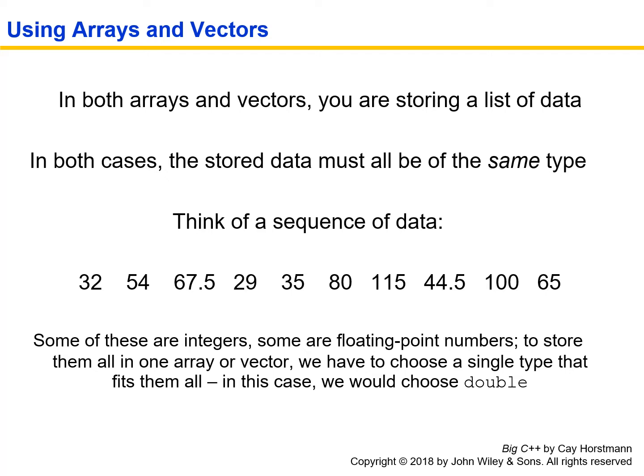We can't store some of them as integers and some of them as doubles in one array. So what we have to do is promote all the integers to doubles and choose a single type that works for all the data in our array. So for this list of numbers, we would create an array of type double.